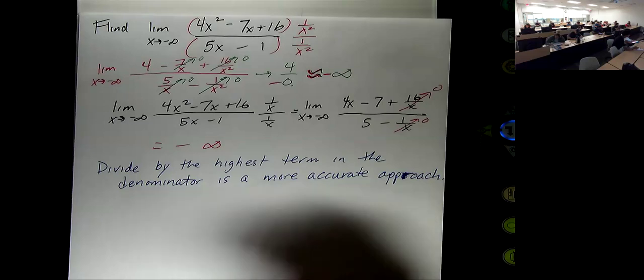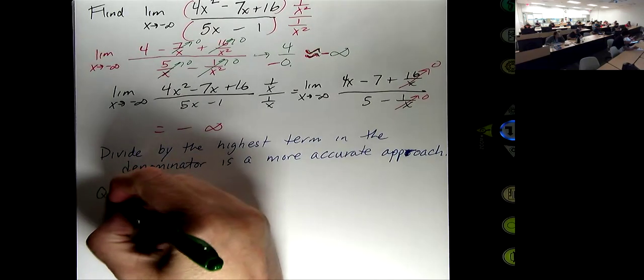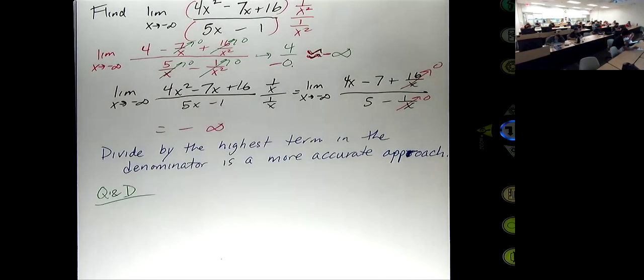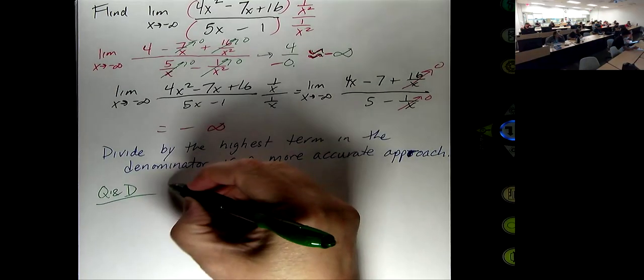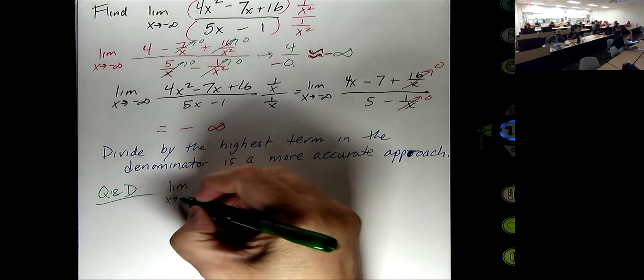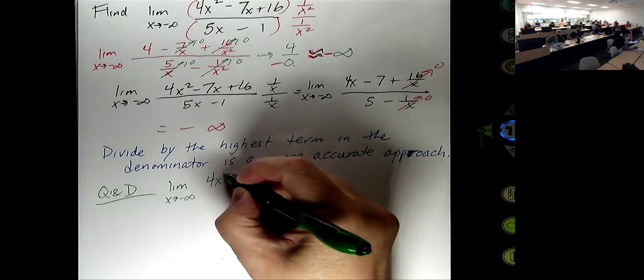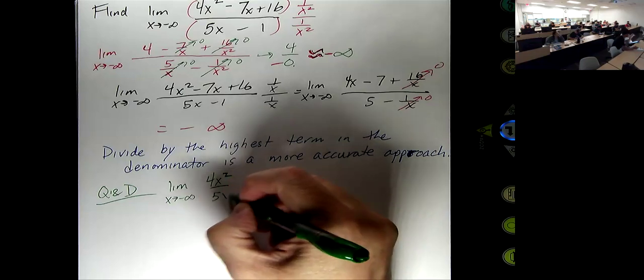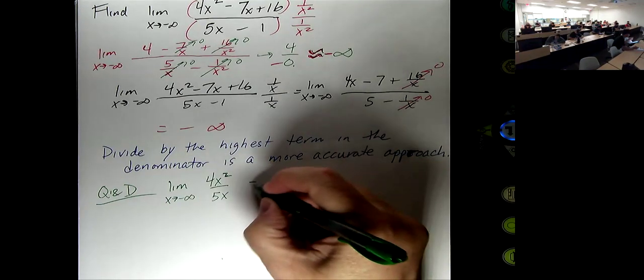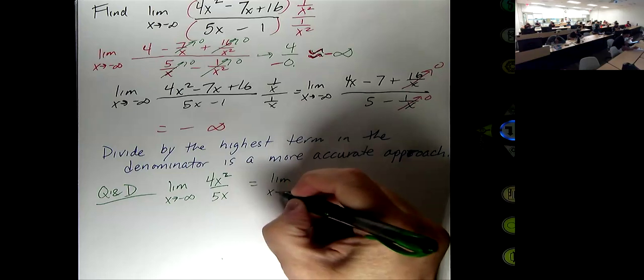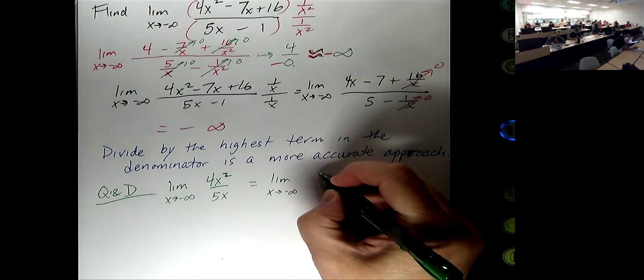If we take a look at this with the quick and dirty, QD, quick and dirty, this breaks down the limit as x goes to negative infinity. We cancel everything out but the highest term on top and bottom. We can cancel on x.